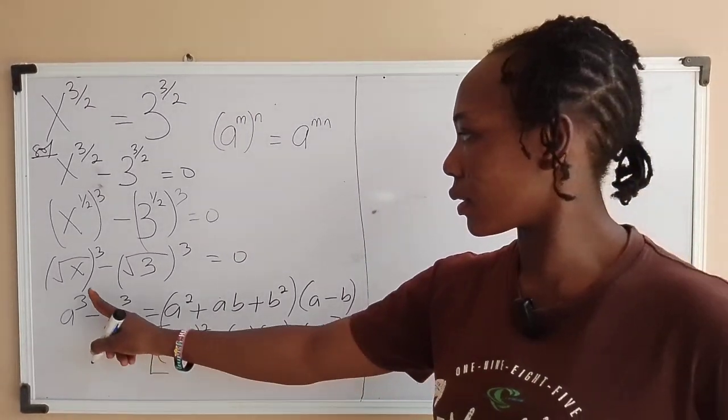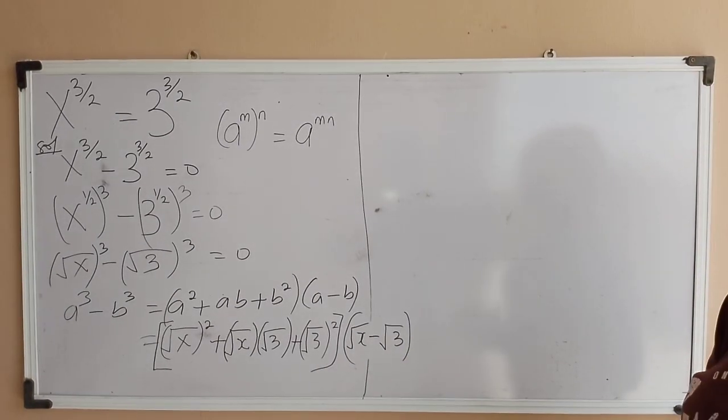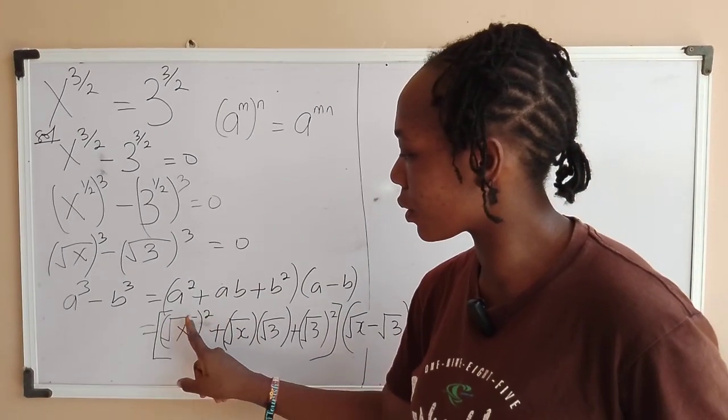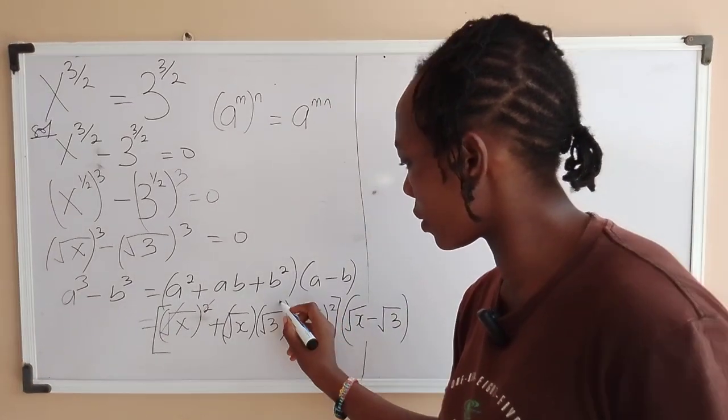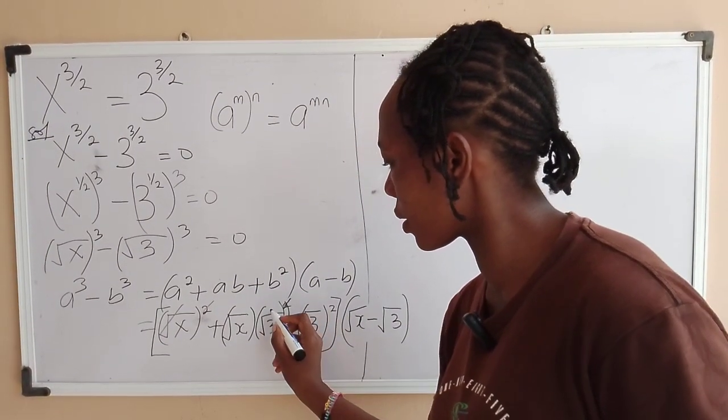Just like so. Now, a square outside the square root will cancel out. The square cancels the square root.